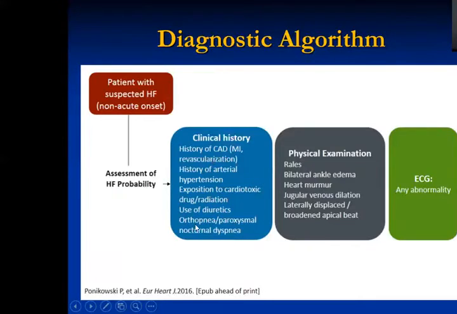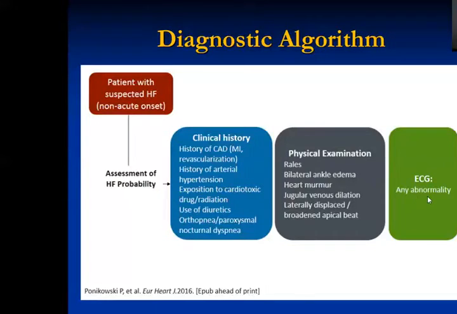At the time of presentation in a non-acute onset patient, you have to judge: is your patient coming with the syndrome of heart failure? If so, what's the etiology, what's the aggravating factor, what is the functional class, and what is the stage of your patient?